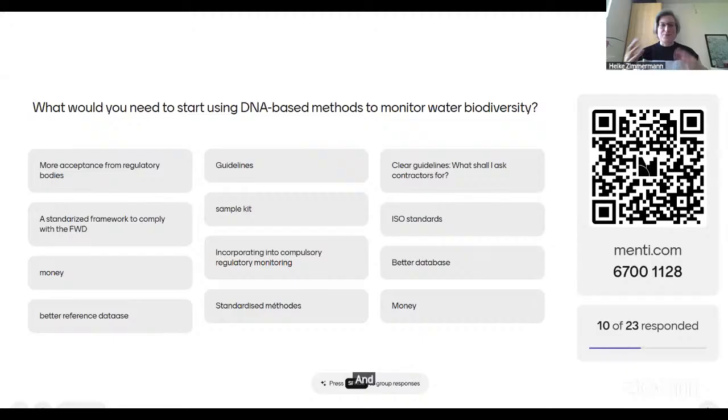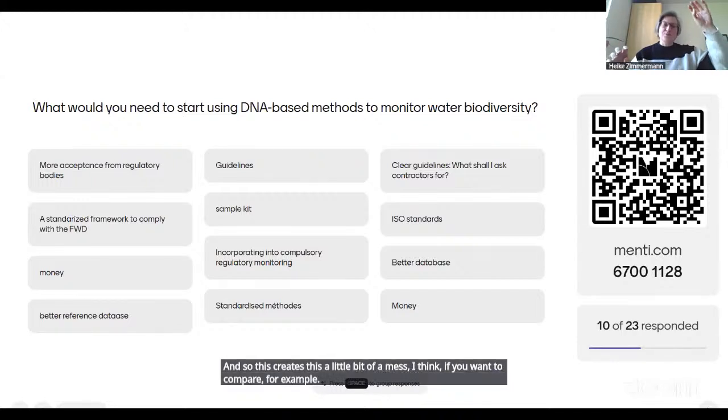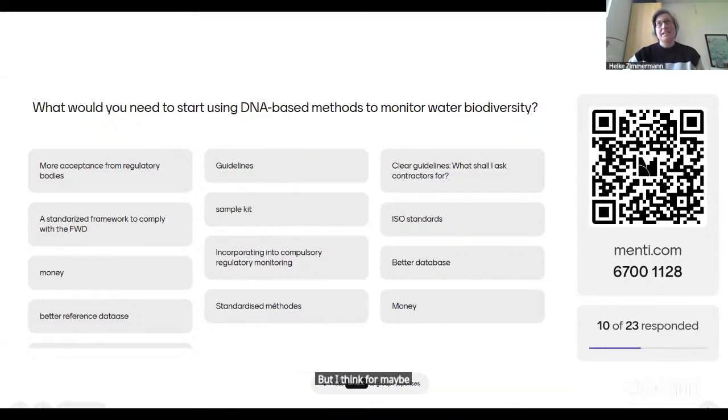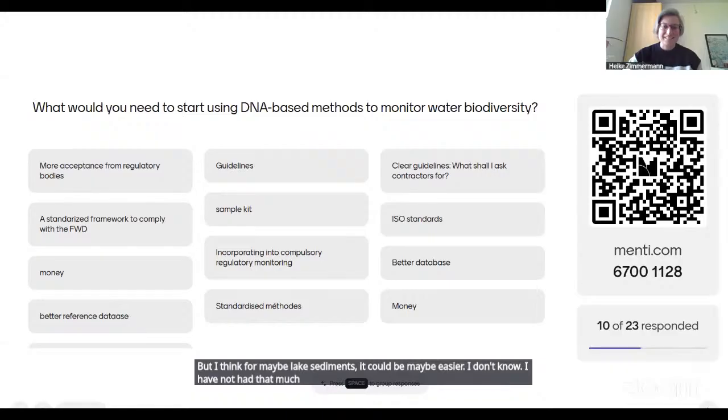This creates a bit of a mess if you want to compare, for example, marine sediment cores from Greenland to what you find maybe in the tropics or in Antarctica, and then it gets a little bit more complicated. But for maybe lake sediments, it could be easier. I don't know. I do not have that much experience with that.